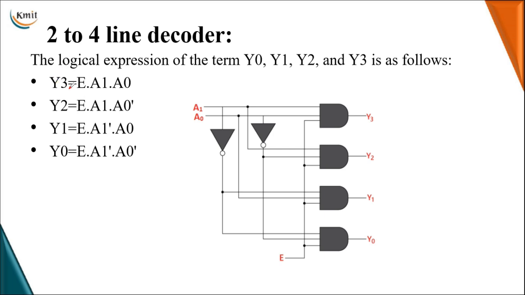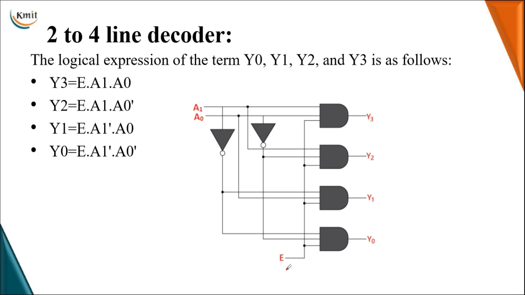Now these 4 outputs resemble AND terms, and hence we take 4 AND gates in this logical diagram. Each output of an AND gate will give you one of the outputs Y0, Y1, Y2, Y3.